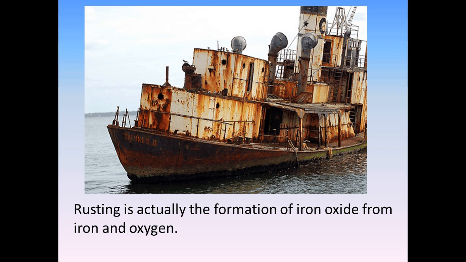Rust is called iron oxide. This is the chemical name of rust. So it is a chemical reaction that occurs all around you. If you have an iron chair, or things in your home that are made of iron, they will eventually rust. So this is a chemical reaction.